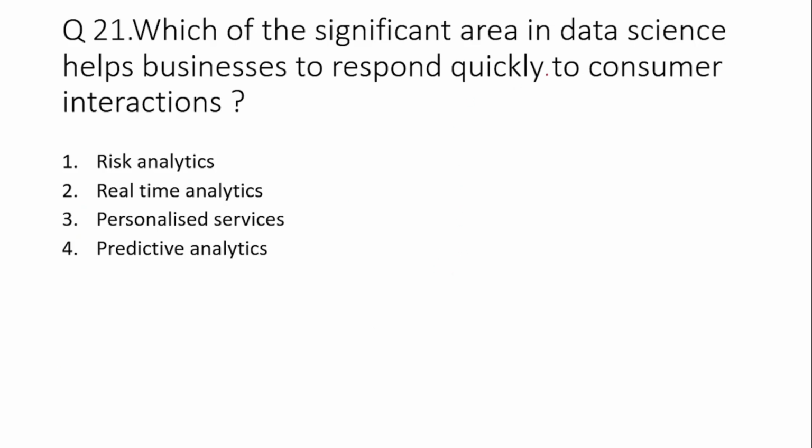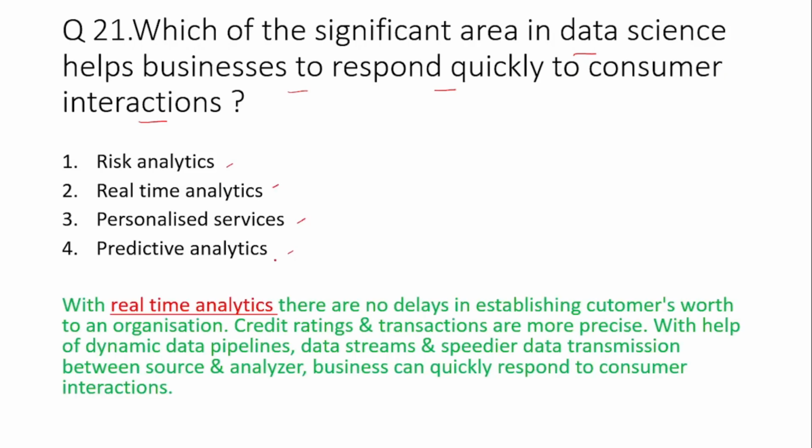Which significant area in data science helps businesses to respond quickly to consumer interactions, right? Is it risk analytics, real-time analytics, personalized services, or predictive analytics? Okay, with real-time analytics, which obviously has to be the right answer, there are no delays in establishing customers' worth to an organization.